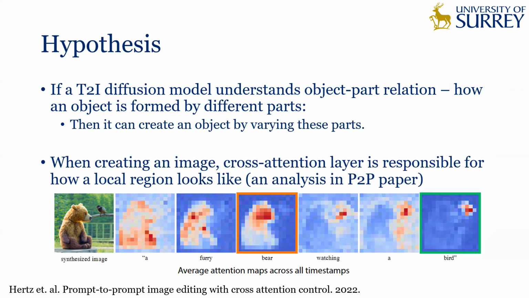So when we visualize the cross attention, for example, in the analysis in the prompt-to-prompt paper, the cross attention layer is responsible for how a local region looks. For example, this bear actually has attention on the same region, which means this cross attention controls this region to be a bear.